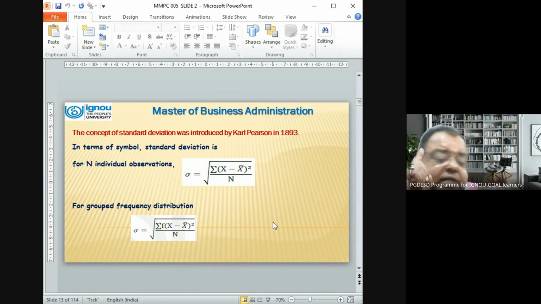Keep one thing in mind: don't cancel this square by this under root, because you are calculating this part individually. Nothing to do with this under root. When this calculation is divided by n, then the under root has to be taken.